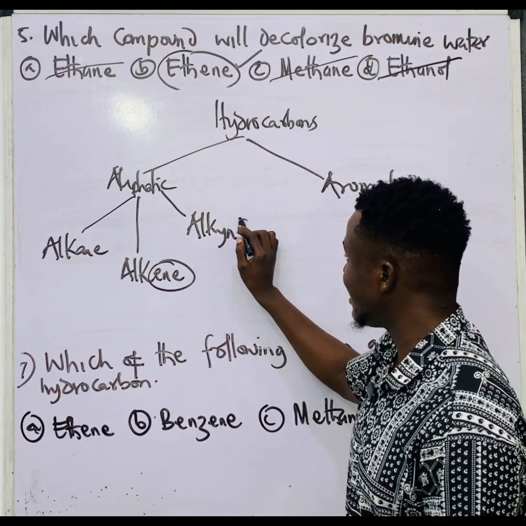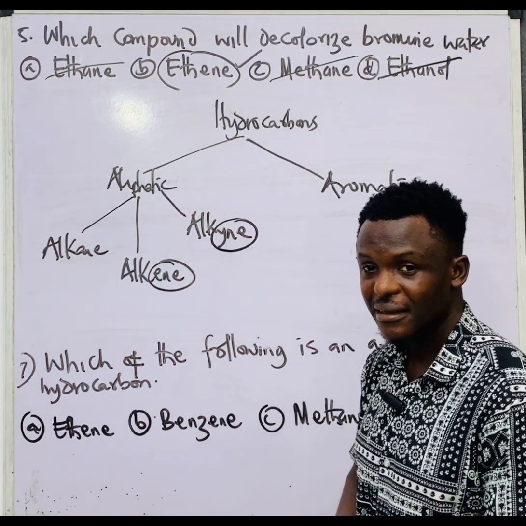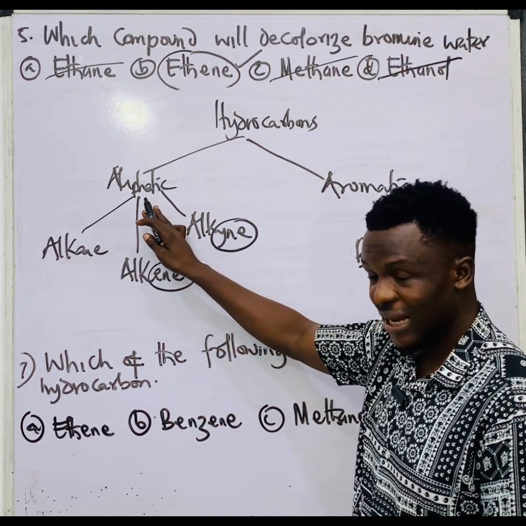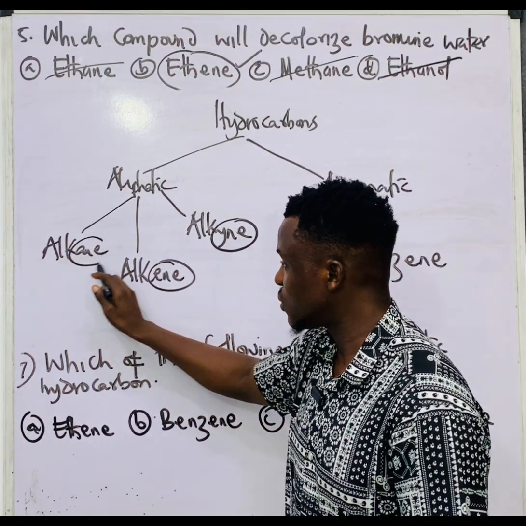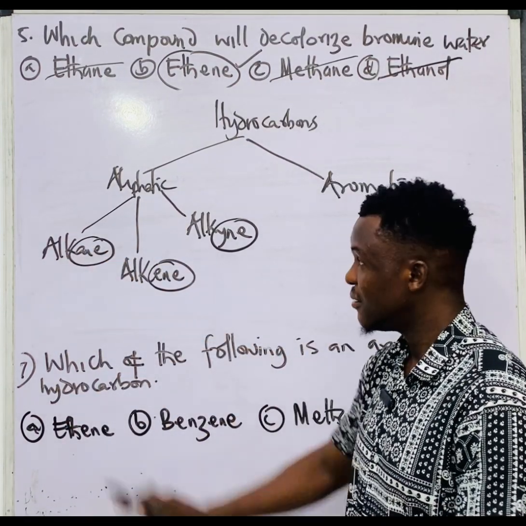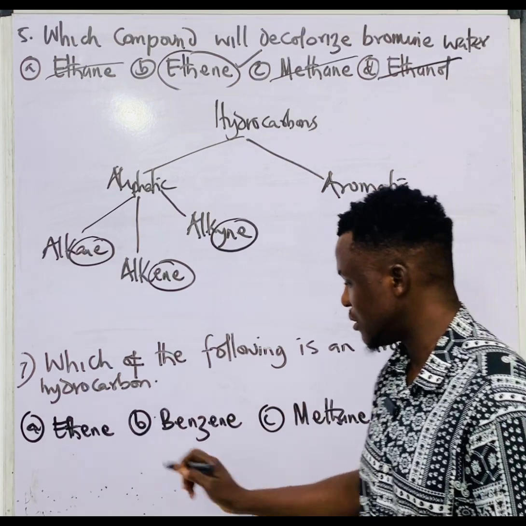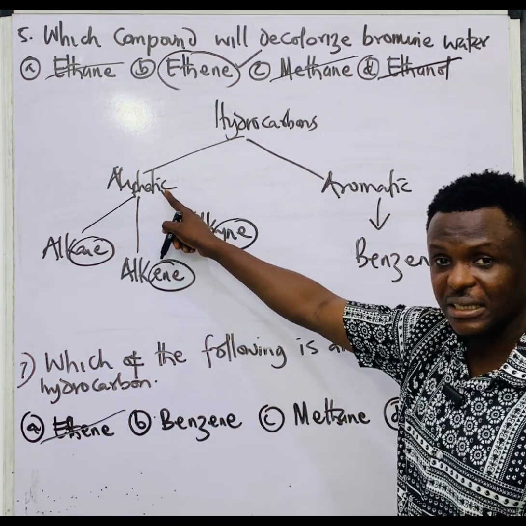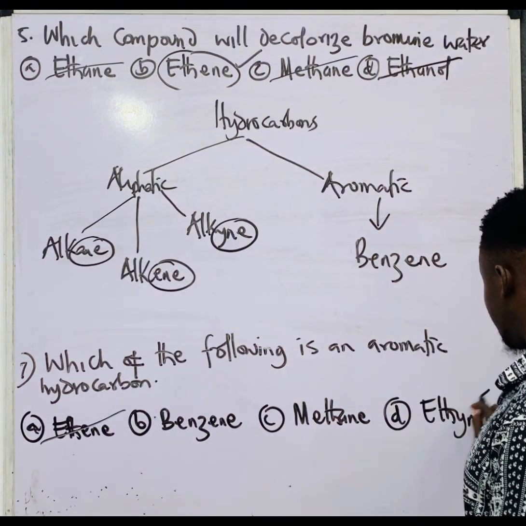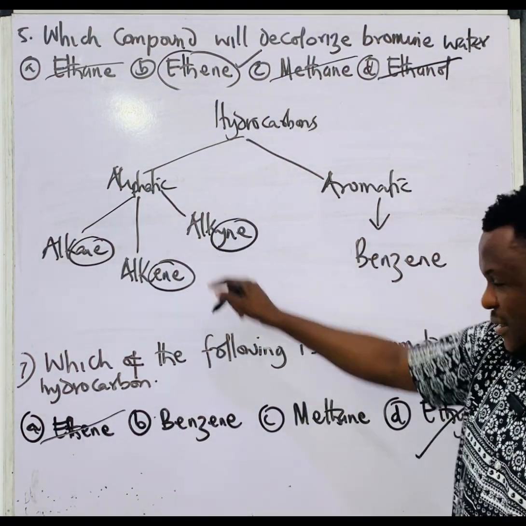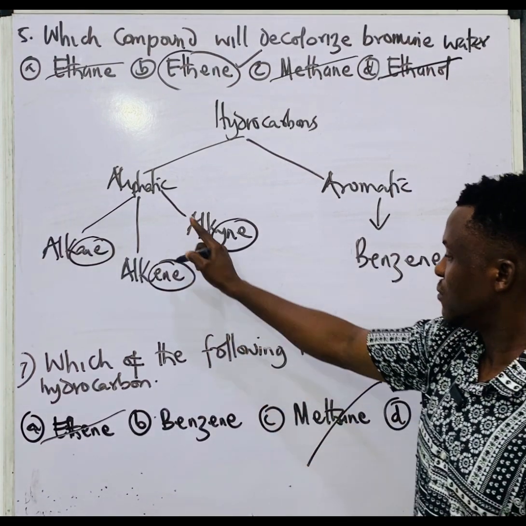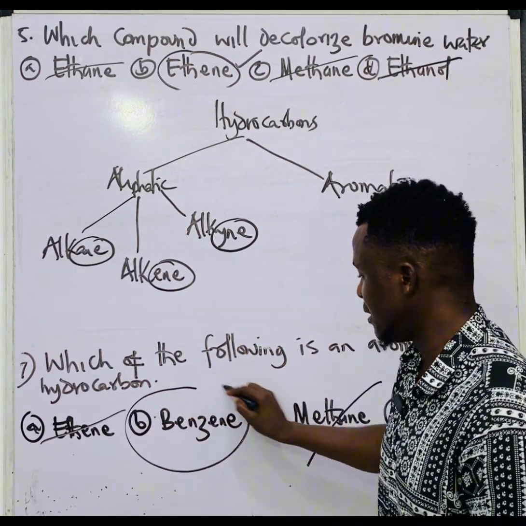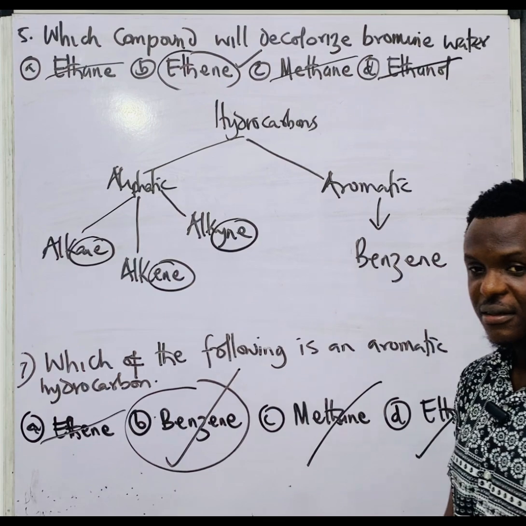Anytime a compound ends with yne, alkynes, is an aliphatic. Anytime a compound ends with ane, is an aliphatic. So if you look at this option, 18 is not aromatic, it's aliphatic. Ethane, aliphatic. Methane, aliphatic. That leaves us with benzene, which is the answer.